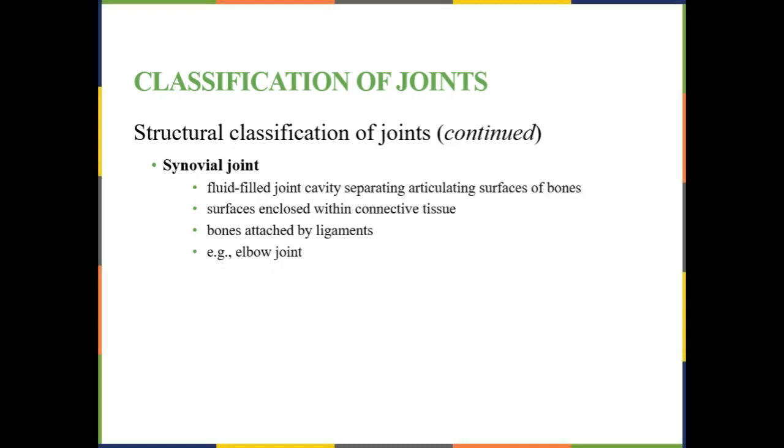And then we have our synovial joints. Synovial joints have a fluid-filled synovial cavity, and this joint articulates between bones that are movable, and has multiple safety measures associated with it.